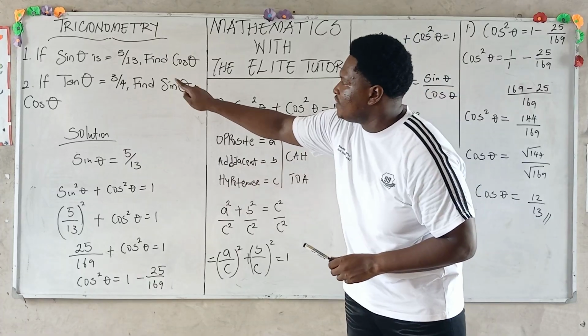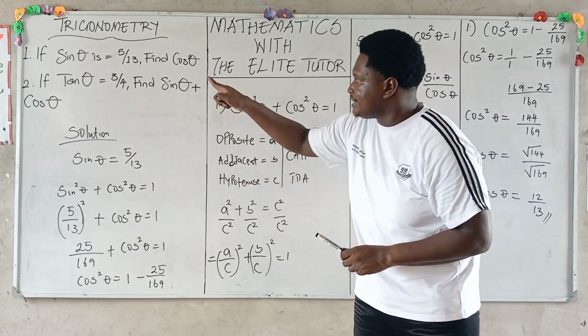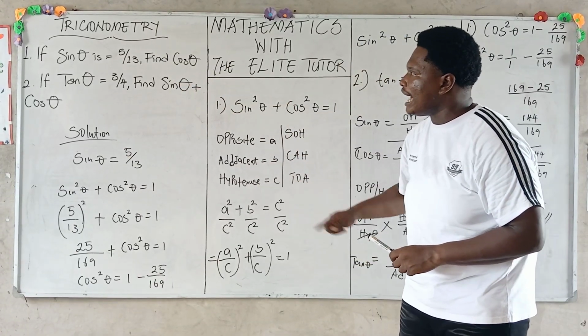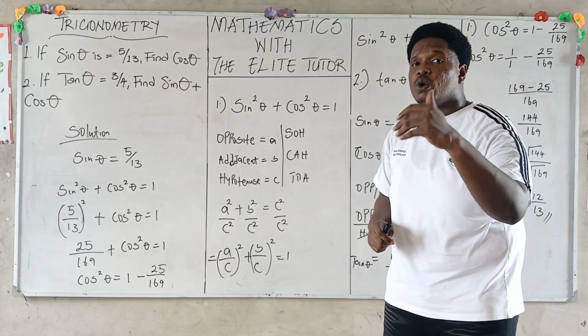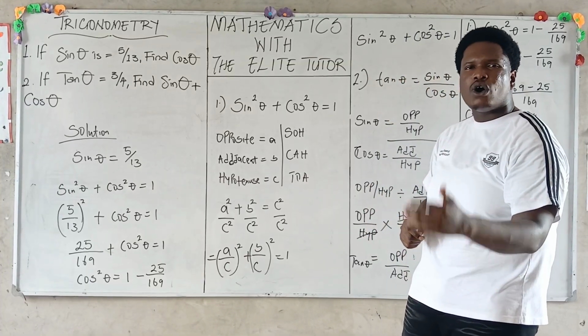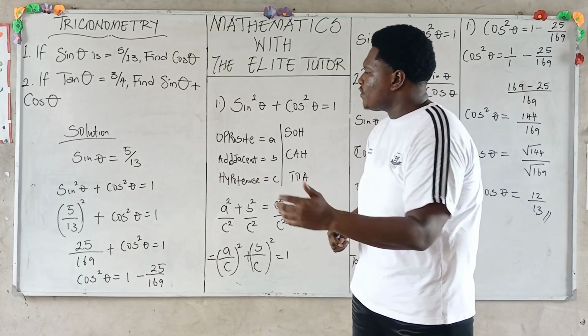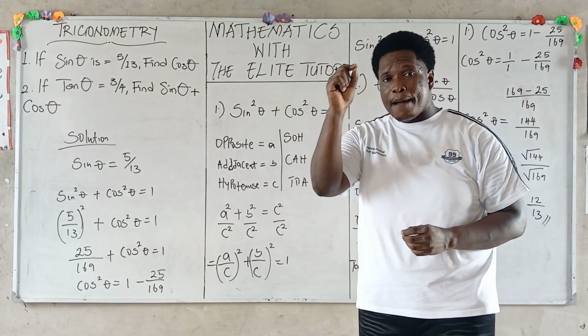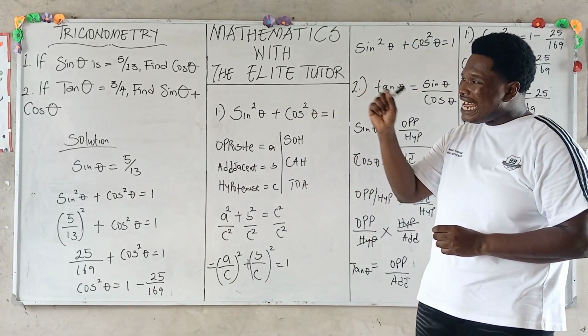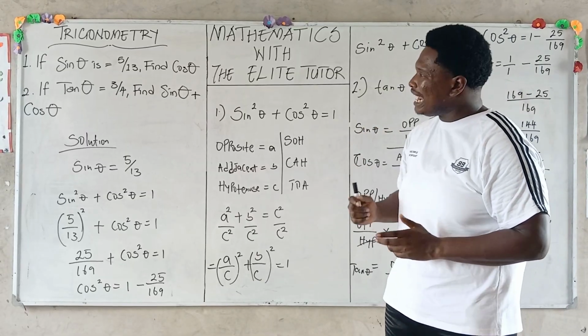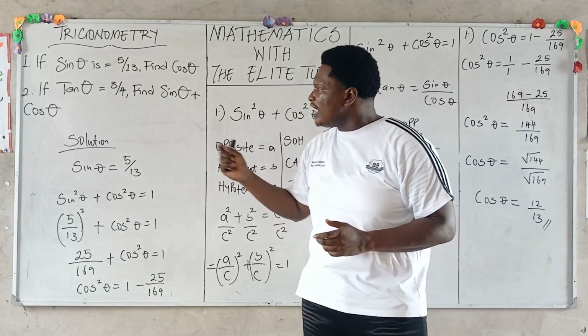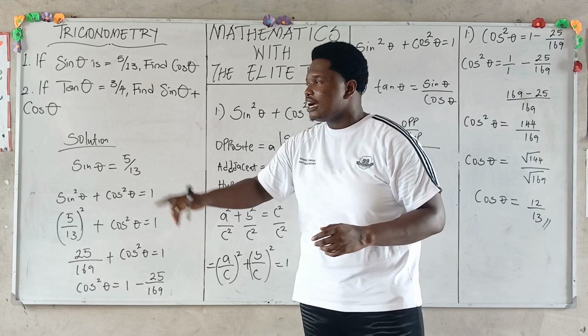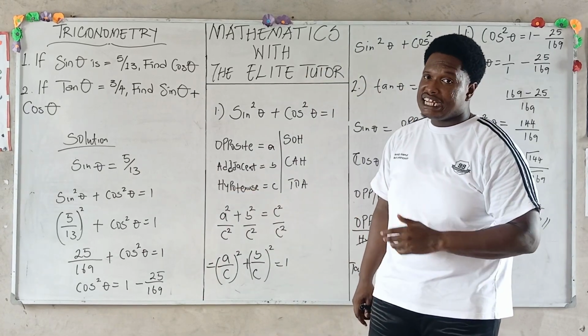You do the placement: the first value, which is your opposite, is 3, and your adjacent is 4. All you have to do is find the value of your hypotenuse. And don't forget, in order for you to get your hypotenuse, it is simply your opposite squared plus your adjacent squared. That gives you your hypotenuse, and then you can add the values of sin theta and cos theta, and that gives you your final answer.